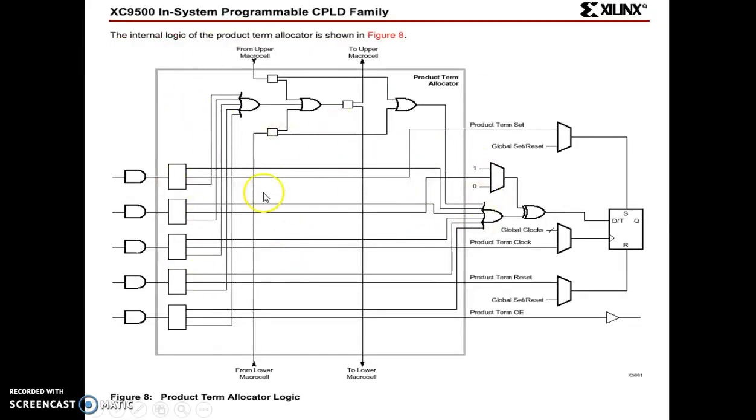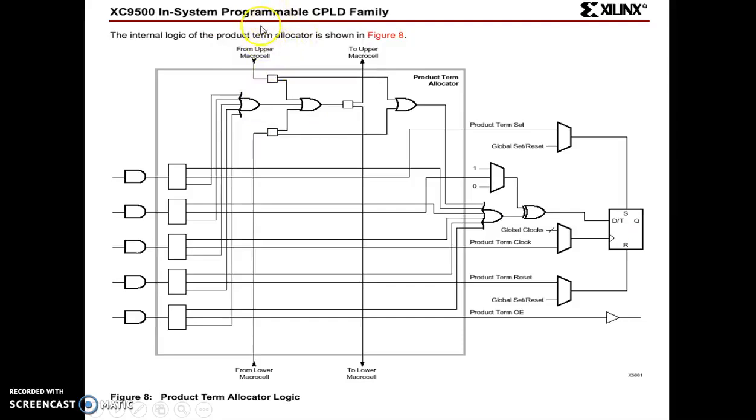This is the internal block diagram of the product term allocator. Here there are steering boxes. We can see these are 8 steering boxes which steer the input and provide it to the proper output. Here there are trapezoidal boxes which are used as multiplexers. Each is selecting proper outputs and it is given to the proper input of the next logic.